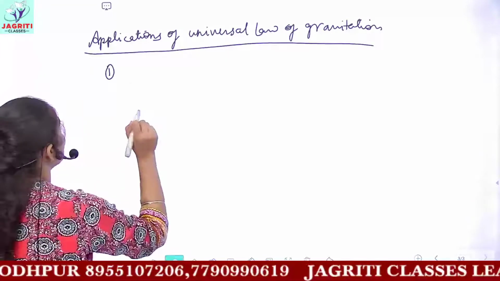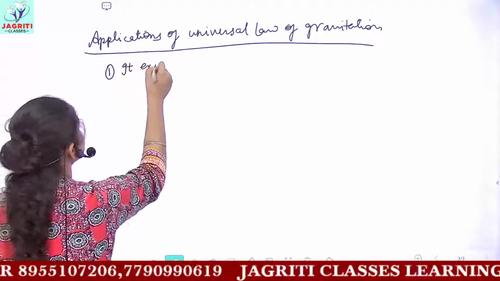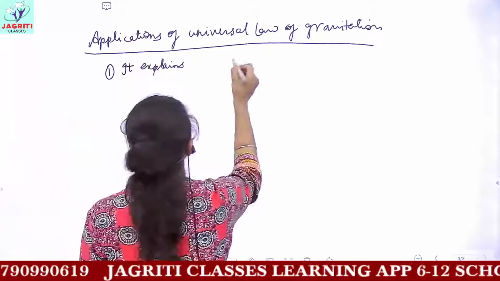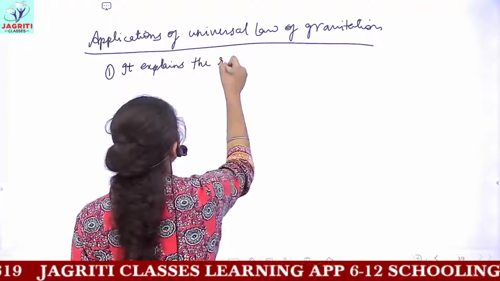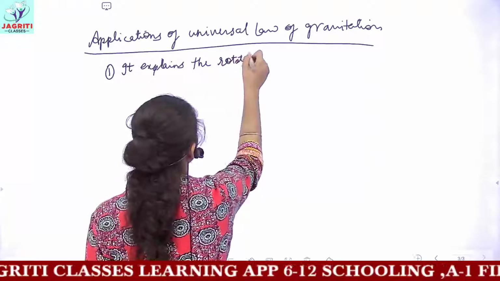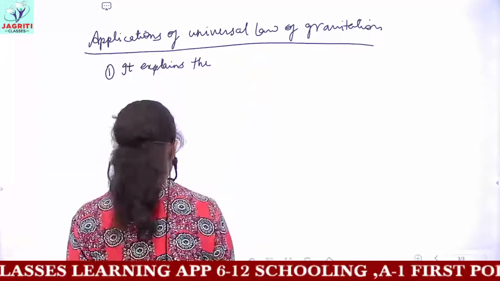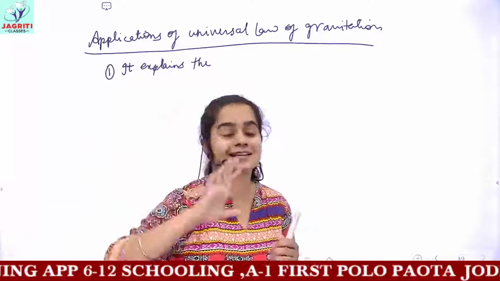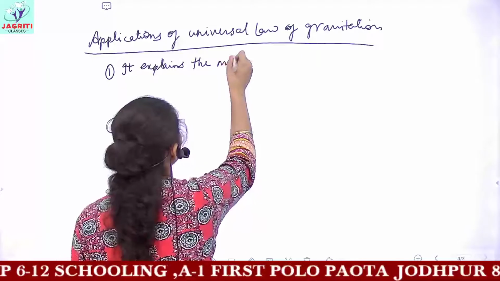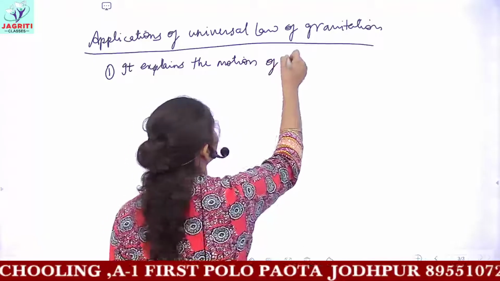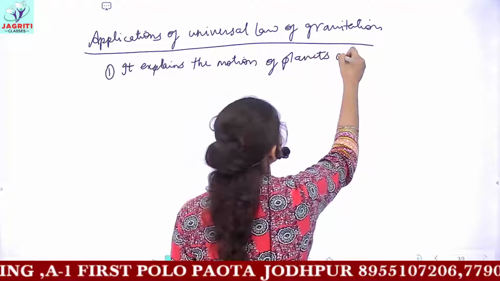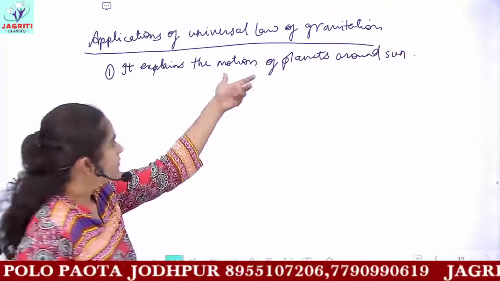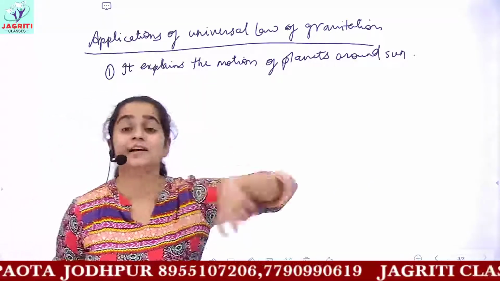So the first one is that this law is able to explain the movement of planets. I'll write movement, because revolution is the term used for the movement of planets around the sun. So we'll write, it explains the motion of planets around the sun. Previously we didn't know why the planets revolve around the sun.